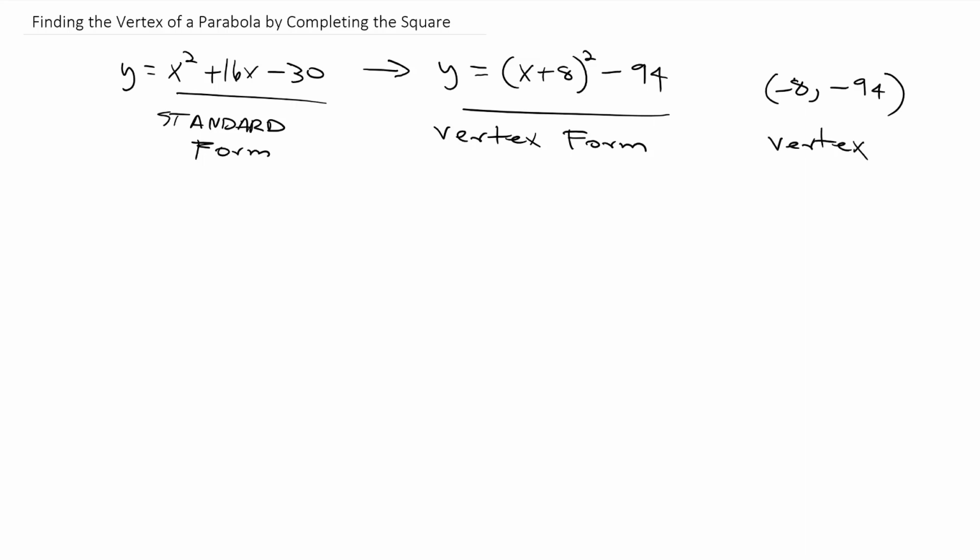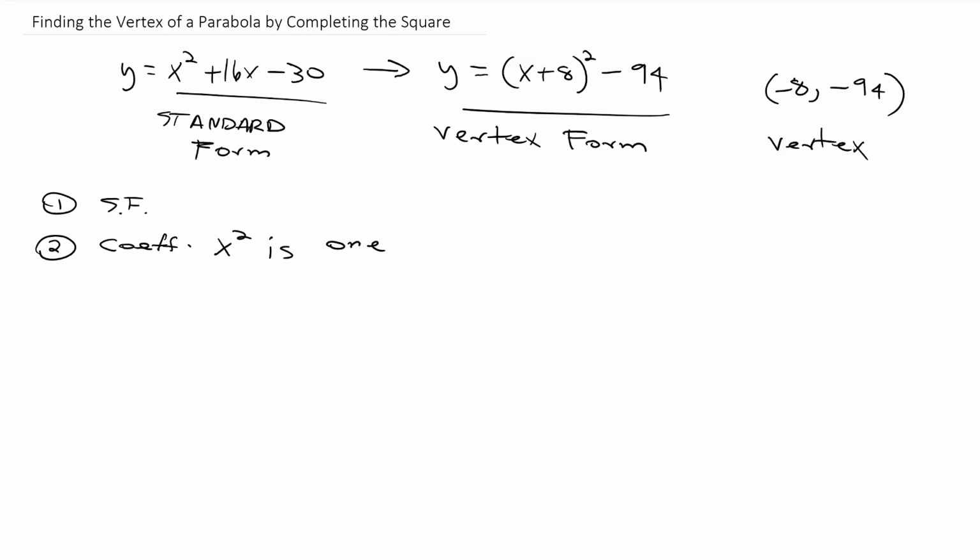So the first step in finding the vertex of a parabola by completing the square is to make sure that the equation is in standard form. I'm going to abbreviate it SF, standard form. Then the next step is to make sure that the coefficient of x squared is 1.